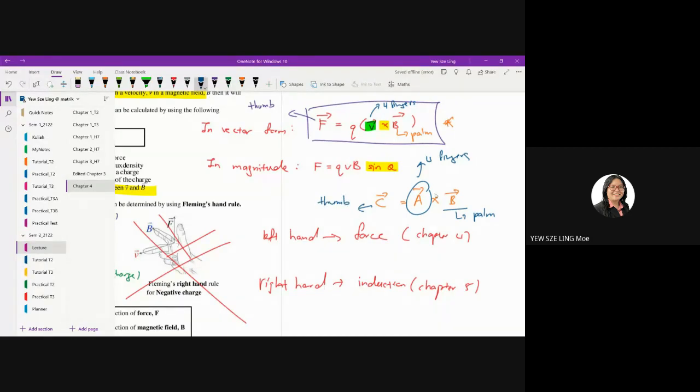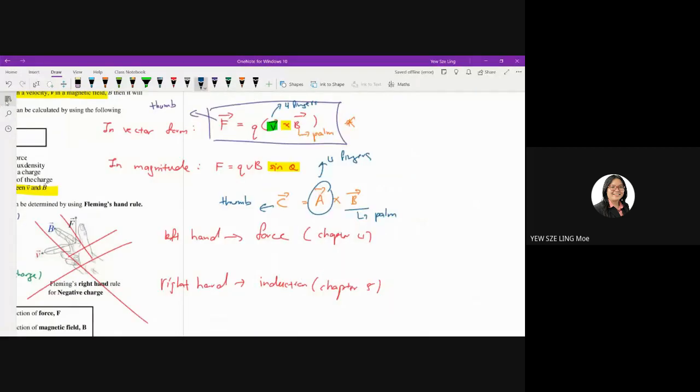So right now, you might not see the advantages of using the right hand grip rule yet. Dia memang stick kepada rules ini saja. Once kamu dah tahu susunan equation, thumb sentiasa mewakili variable di sebelah kiri, four fingers your first vector, palm your second vector.